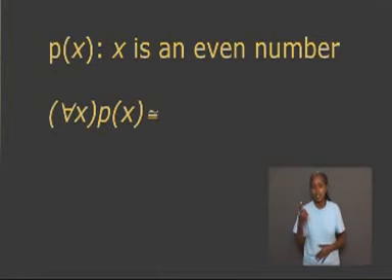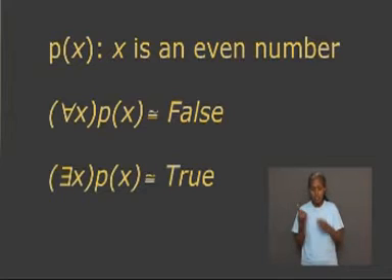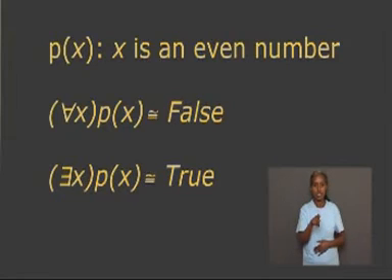If we take the value of x to be 1, then the statement that x is an even number is false. If we apply the existential quantifier to p of x, the statement is true. We can take the value of x to be 2 or any other even number.